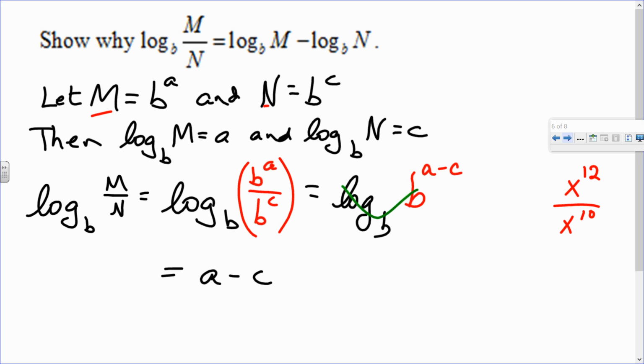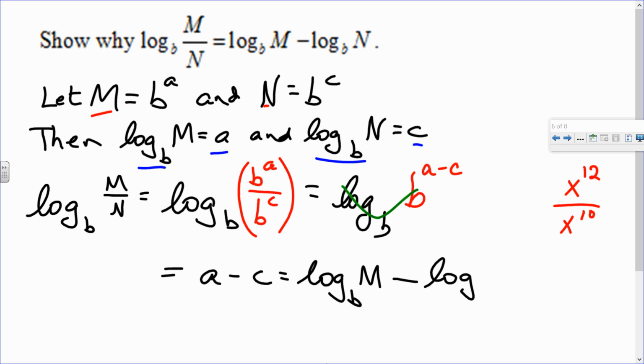But we know that a is log base b of m, and we know that c is the same thing as log base b of n. And that's what we wanted to prove.